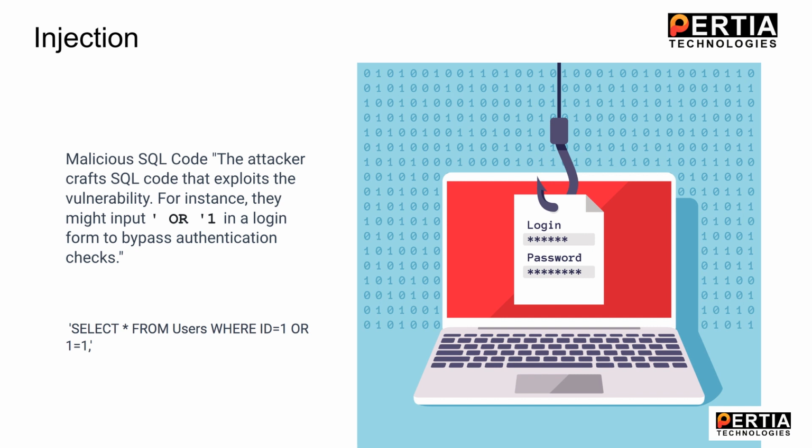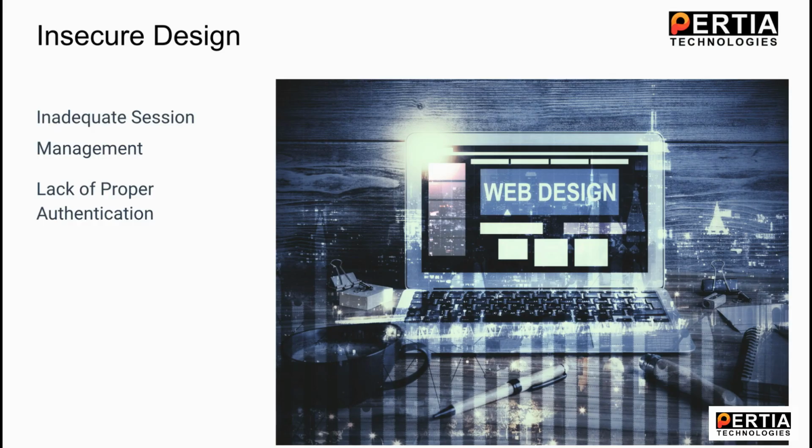So next in the top 10 vulnerabilities is insecure design. Now, insecure design is a term that can make or break your application security. Let's break it down and see how you can fortify your apps. Insecure design is like building a house without locks.